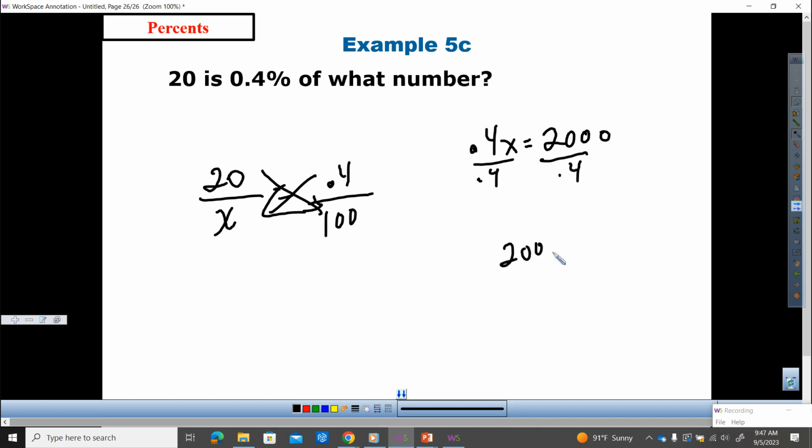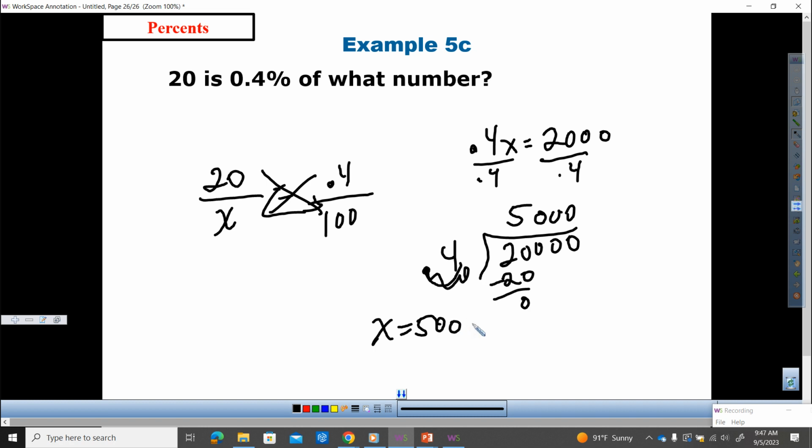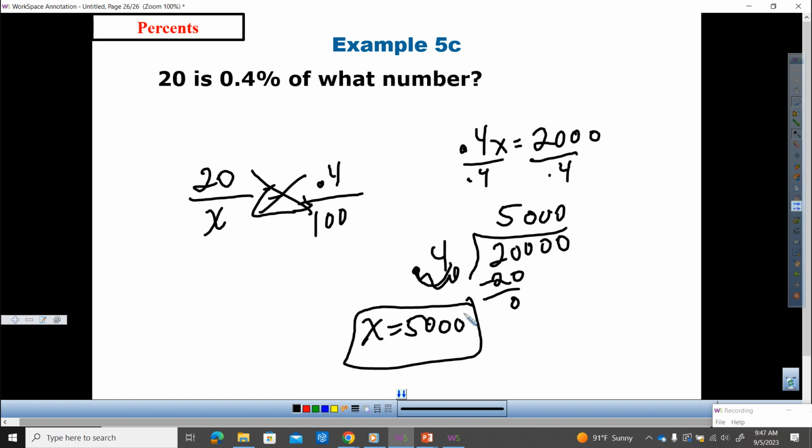So let's see. 2,000 divided by 0.4. Who knows this trick that to get rid of the decimal, you move it over to the right? Add a 0. So it's 4 into 20,000. It's in there 5 times for the 20. 3 zeros. Answer, x equals 5,000. Have you got that? All right, send me that, please.